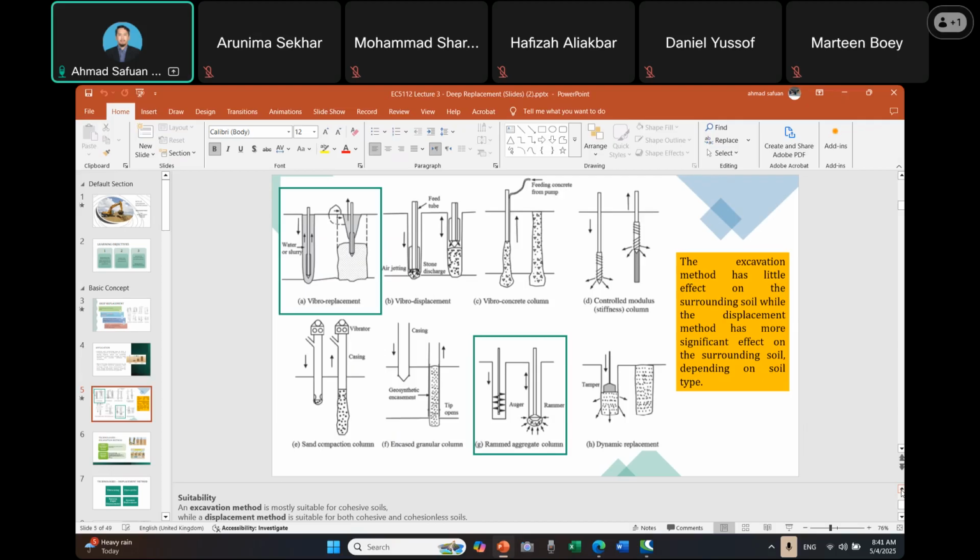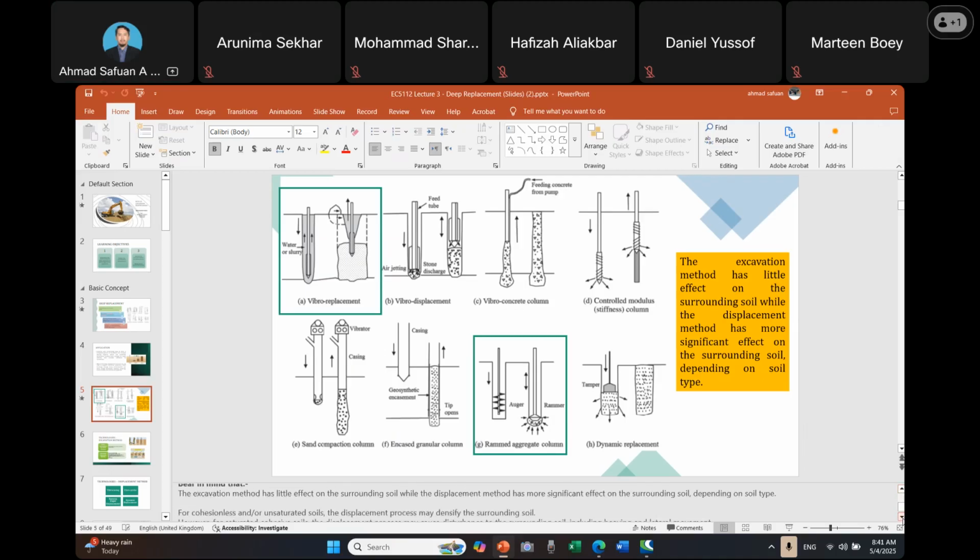While displacement methods are more suitable for both cohesive and cohesionless soil. The excavation method has little effect on the surrounding soil, while the displacement method has a more significant effect on the surrounding soil, depending on the soil type.